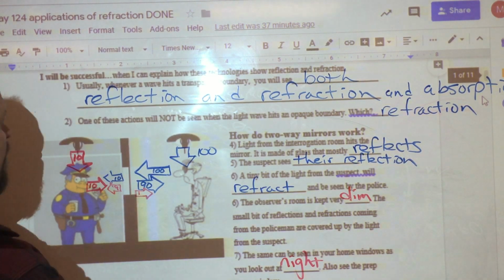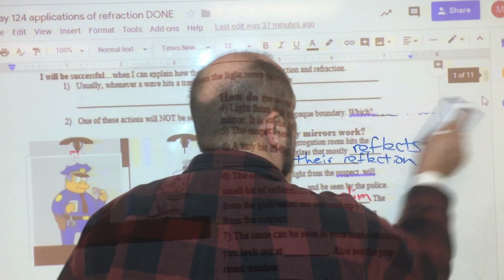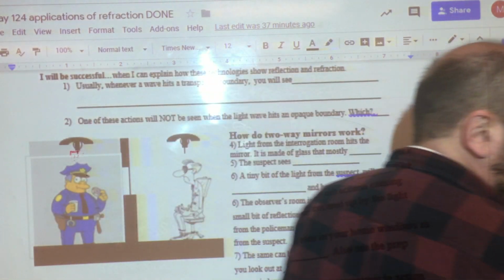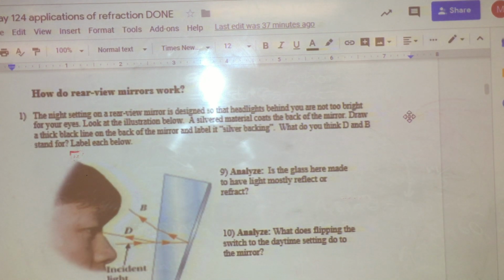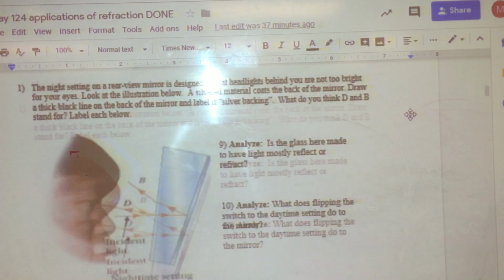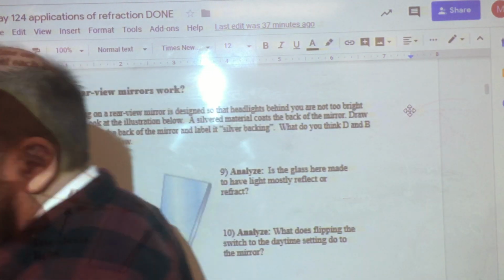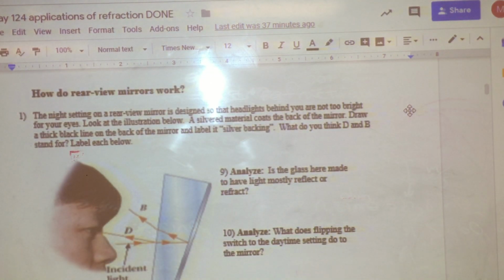Okay, next line, next page. How do rear view mirrors work? Let me go and grab one of these rear view mirrors so you know exactly what I'm talking about.